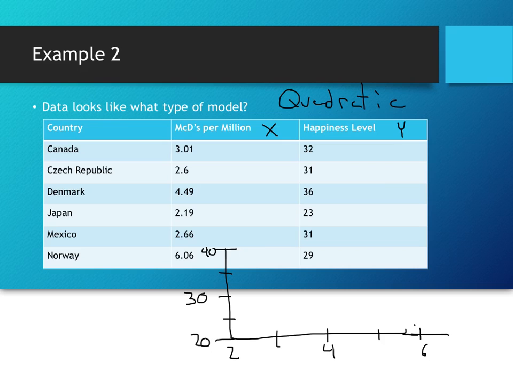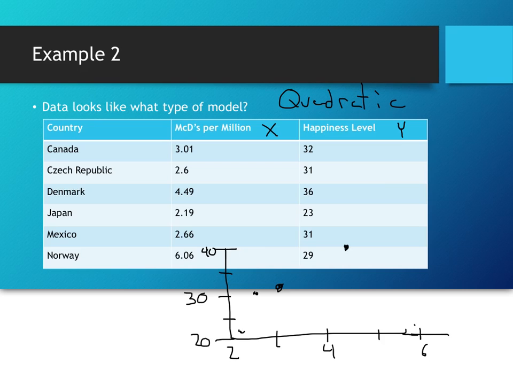So when you're doing your points here, 3.01 and 32 is going to be somewhere in here. 2.6 and 31 is going to be pretty close here. 4.49, 36 up here. Again, I didn't draw this very well. 2.19 and 23 you get here.